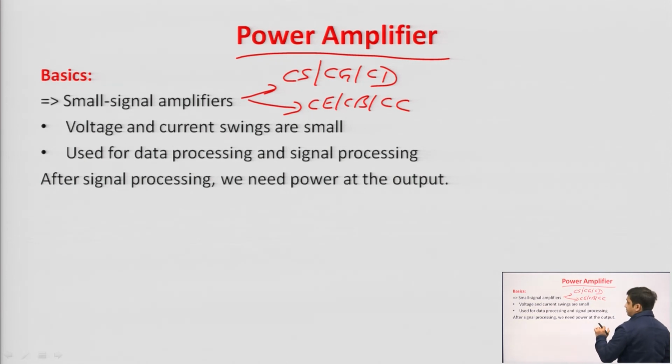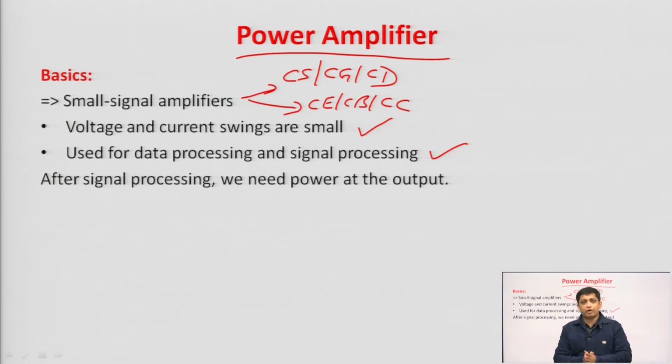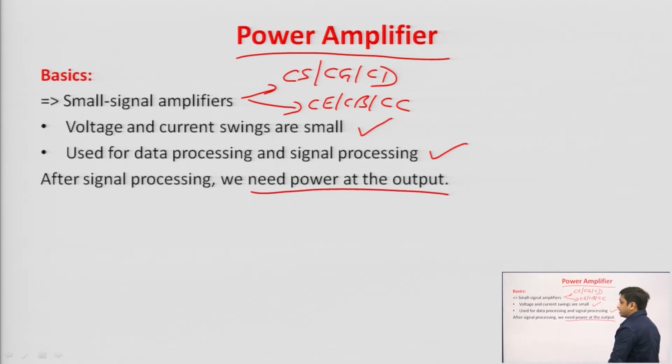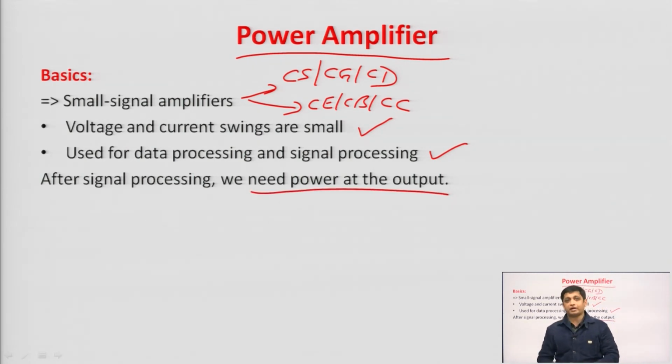In small signal amplifiers, the voltage and current swings are small and they are basically used for data processing and signal processing. These small signal amplifiers provide very limited power at the output, but after signal processing we need power at the output. We need in fact a lot of power at the output.